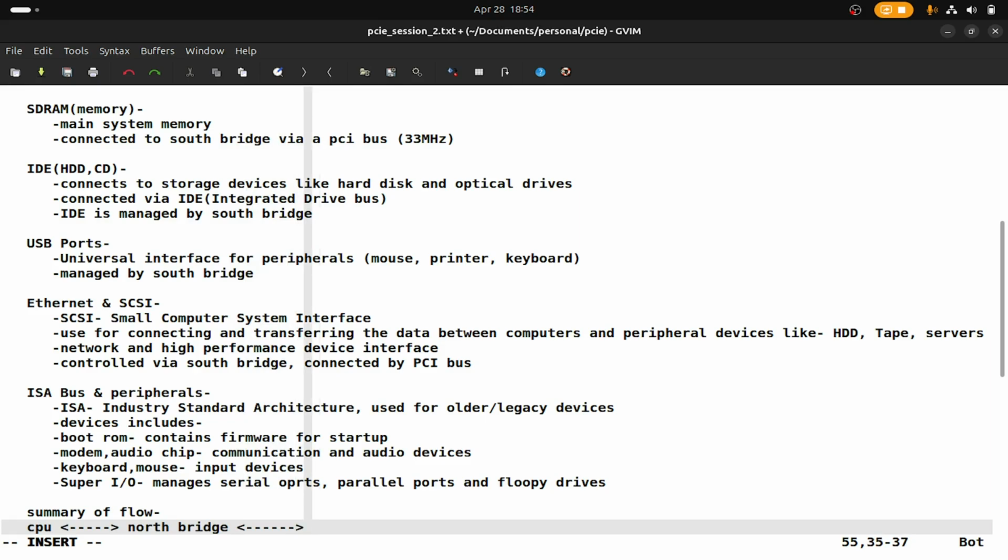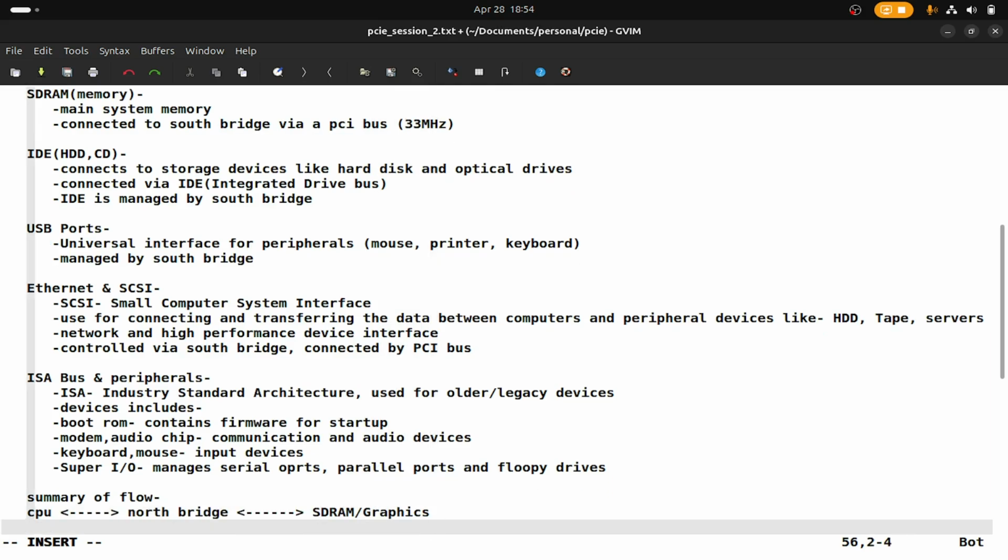It will communicate towards HDRAM and graphics. Then North Bridge communicates with South Bridge.